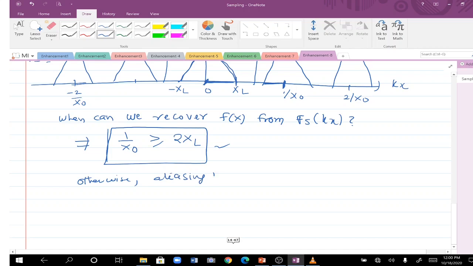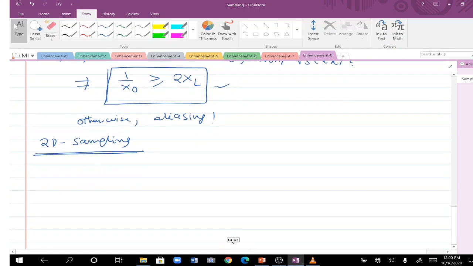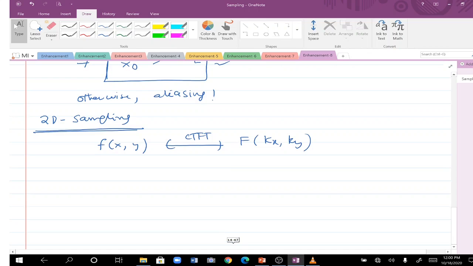Okay. Now let's go to the 2D sampling case with this background. Instead of f of x, we move to f of x comma y. The CTFT of it, let's call it f of kx comma ky. So here also you have a function in 2 dimensions that you would be multiplying.